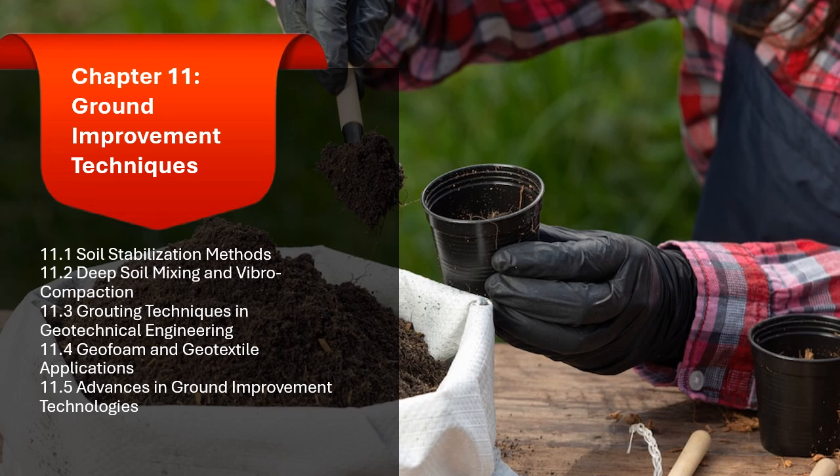11.3.1.1 Permeation grouting. Permeation grouting involves injecting grout into soil to fill the voids and permeate the pore spaces between the soil particles. The goal is to reduce the permeability of the soil or improve its strength and stability by filling the voids with a solidifying grout.